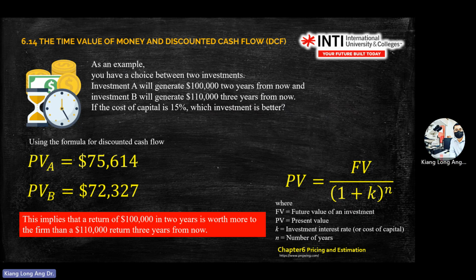Divide by 2, 12.5K per year. This one, how much? 110 minus 72, 38K. Divided by 3, how many? 12.6.